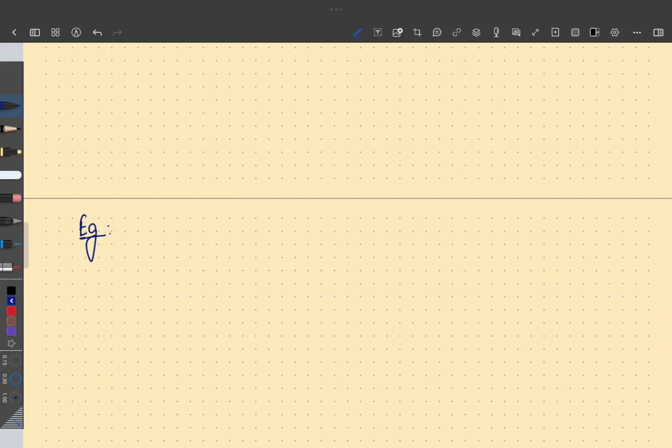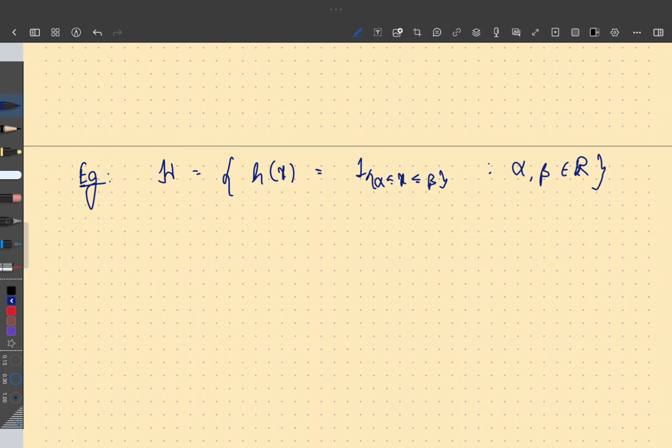So suppose that my H is the set of all predictors over R that can be described using two thresholds.